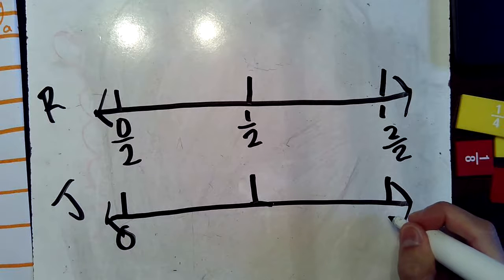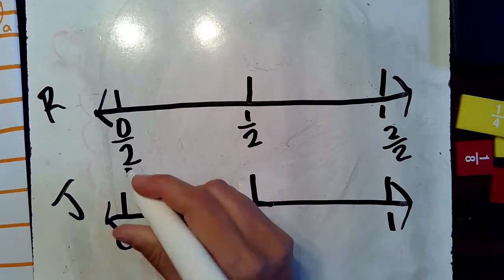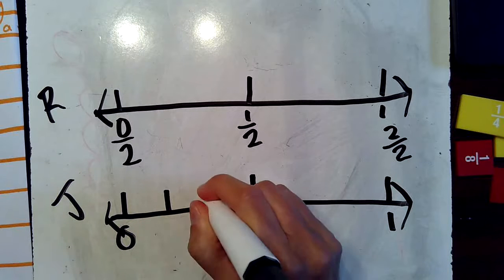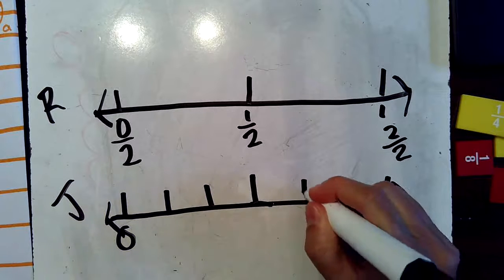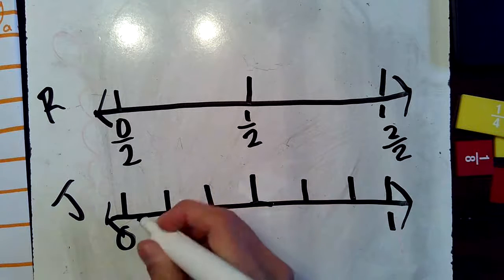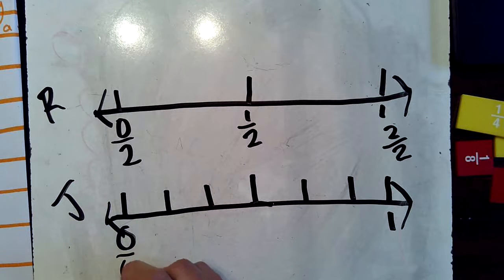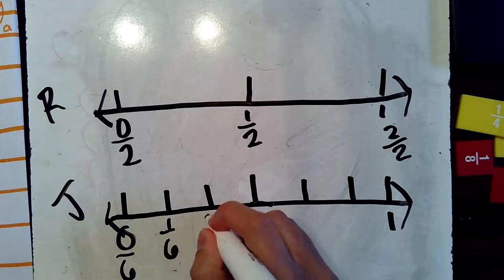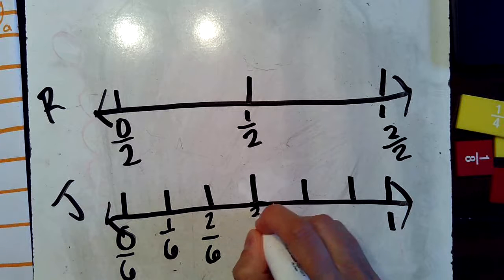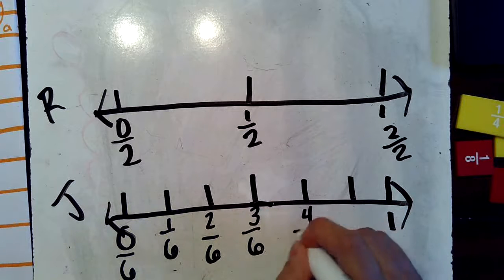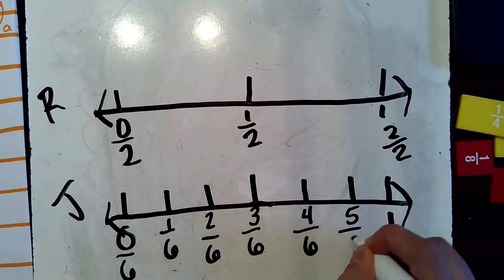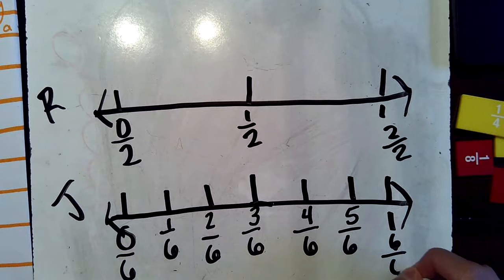That would give us 6 equal parts. So let's go ahead and draw 2 lines to make 3 parts here and 2 lines to make 3 parts here. And let's label 0/6, 1/6, 2/6, 3/6, 4/6, 5/6, and 6/6.